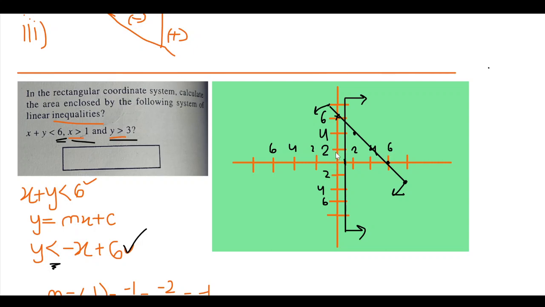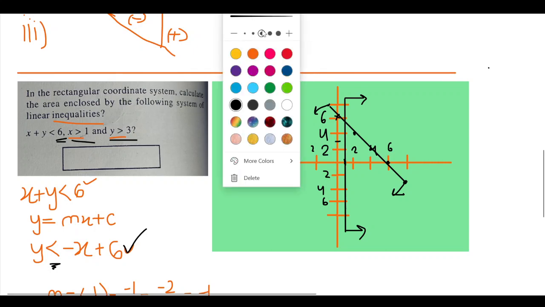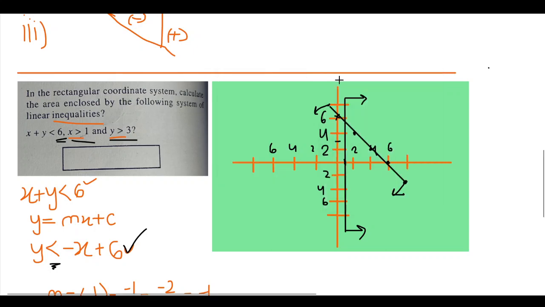And the last equation that I'm concerned with is y is greater than 3. So where is 3 over here? Somewhere in the middle, between 2 and 4. So let me draw another line, probably somewhere here. Oh no, I messed it up. Let's do it one more time.